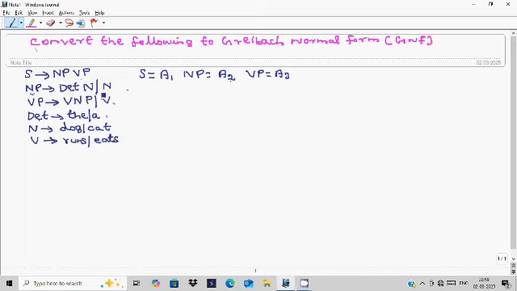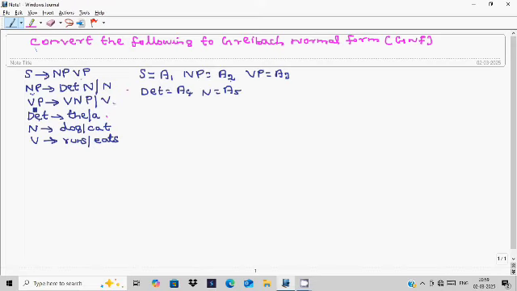Moving on the right, we have DET, so DET will be named as A4, and N is actually a new non-terminal. Now we will name this N as A5. Now coming to the next one, N has been already named.